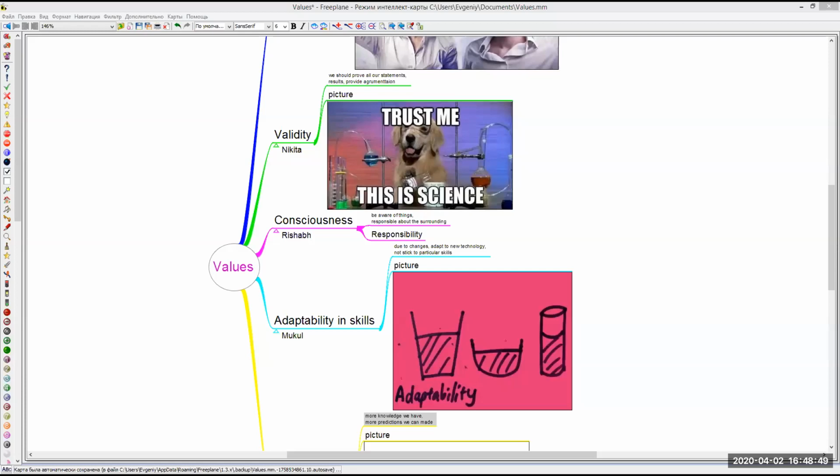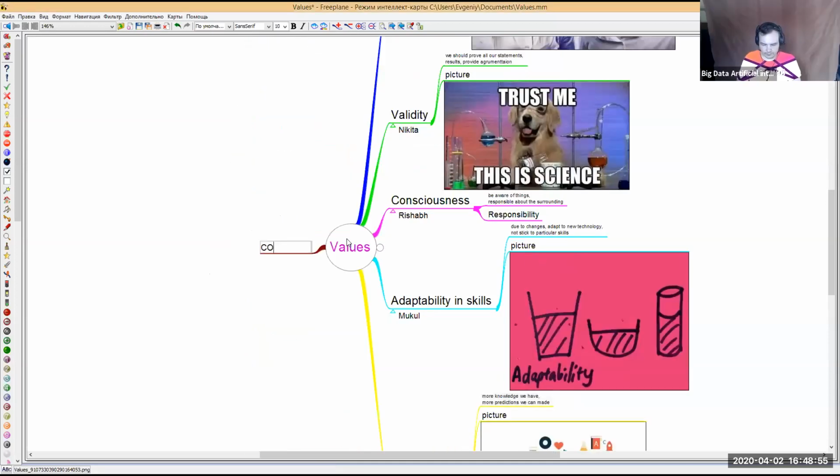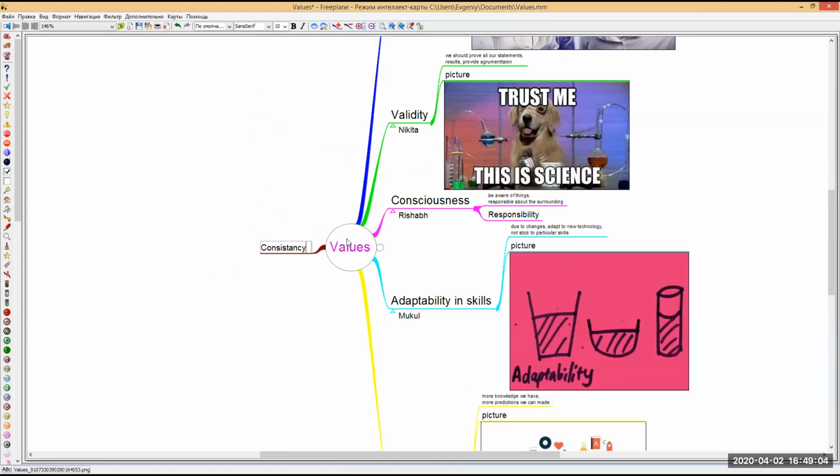Maybe we can call it consistency, because when you adapt to something, you shouldn't ruin previous results. Align data from different, synchronize data from different sources and build consistent system from all that.